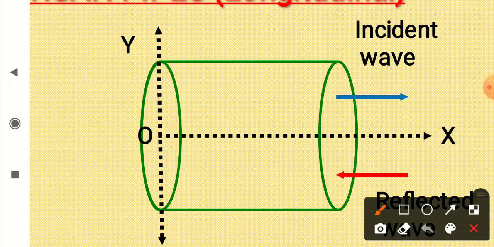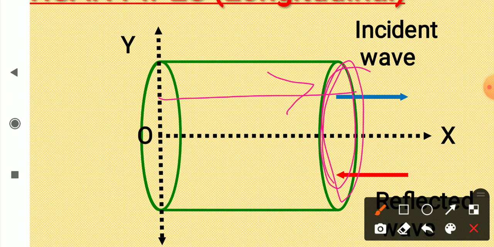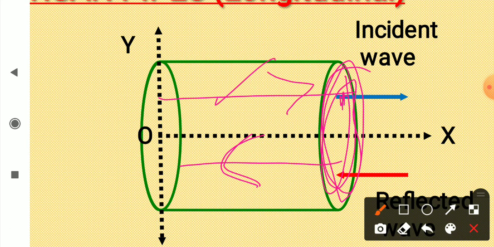A sound wave is traveling along this direction, and at this end it will enter the rarer medium. So the reflected wave will travel along the minus x-axis, and the reflected wave will be in the same phase because the reflection is from a rarer medium. Now these two waves are identical, and when they superpose they will form a stationary wave inside.